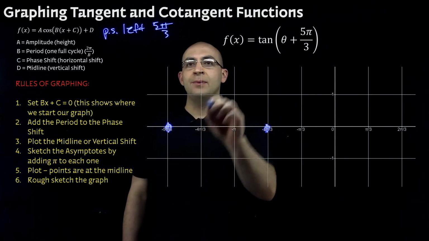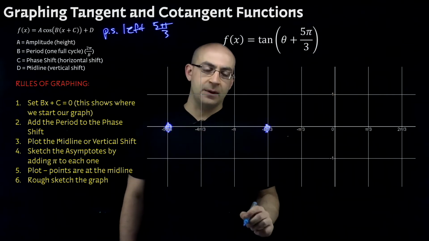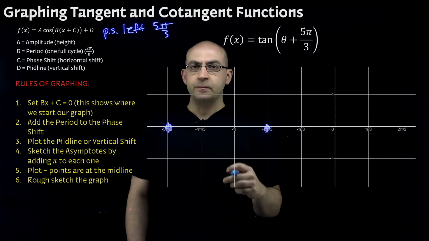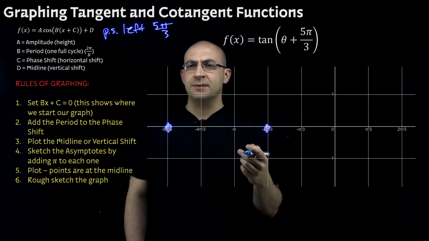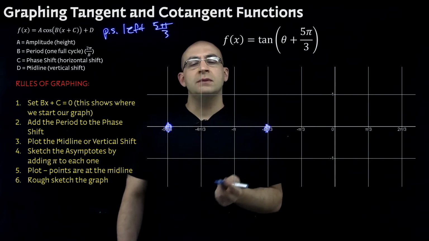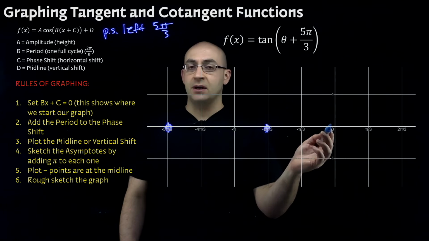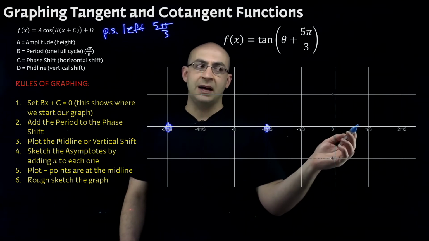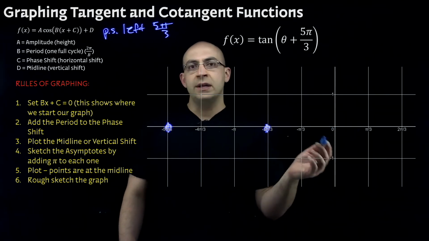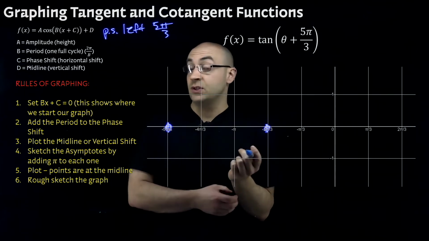Now, remember that it's going to go kind of like a cubic, where I'm going to go up and down from that origin point, so to speak. So let's talk about the asymptotes, because we can do the midline and vertical shift in a second, because we know there isn't one. Well, if I know that there is a dot at 0 and my pi value is the period, we know that there are two key points where tangent is undefined, which is where the asymptote goes.